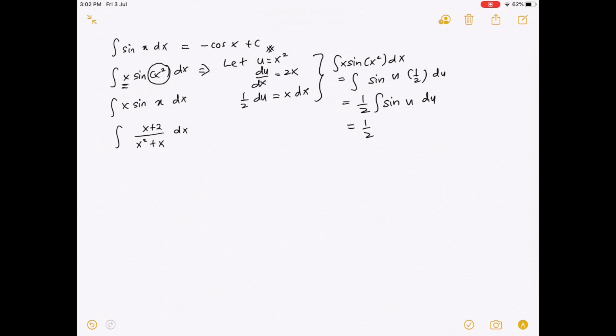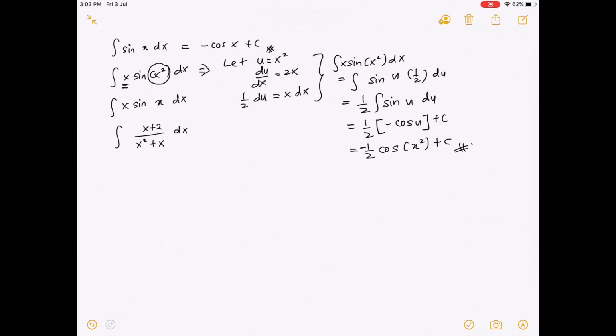And then you have simplified this integration to be solved using the table only. So again, the integration of sine will become negative cos. But then the original problem is in terms of x, so substitute back. I will have negative 1 over 2 cos of x squared plus c.